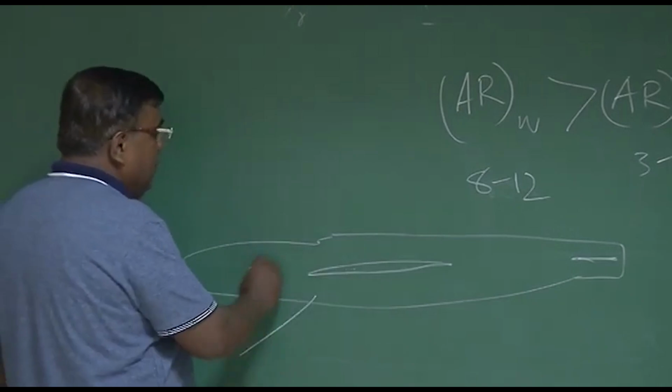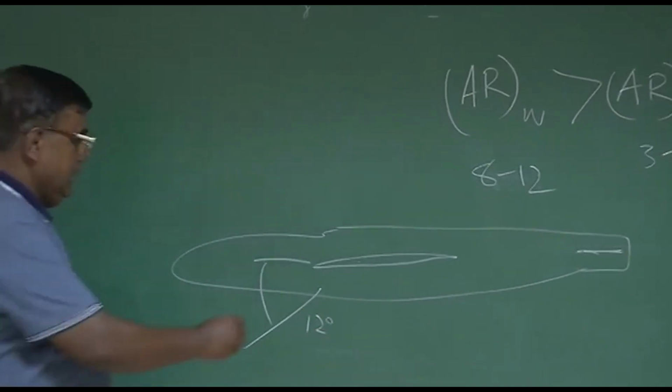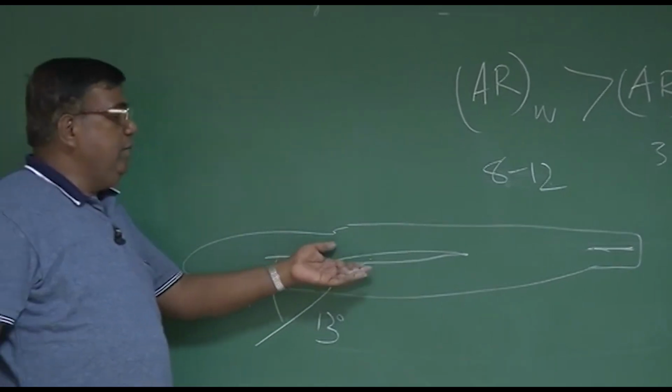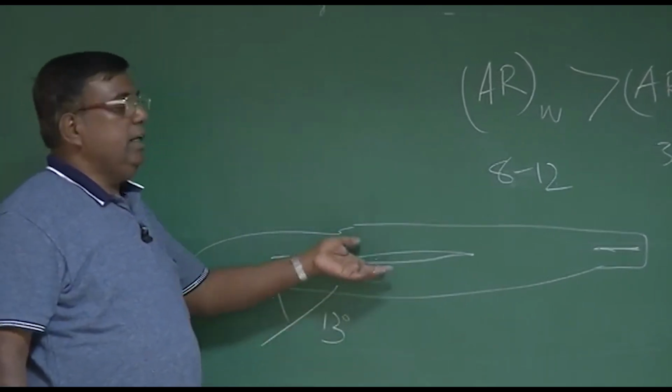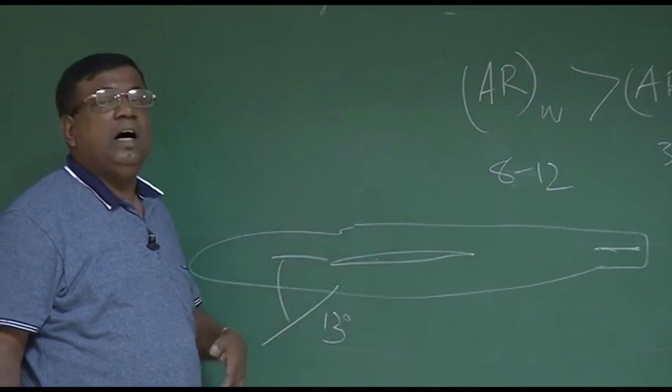Suppose the airplane somehow has come near the stall, let's say 12 degree or 13 degree. Now what will happen? The wing will see 13 minus some downwash angle, which is very small because we have put high aspect ratio.